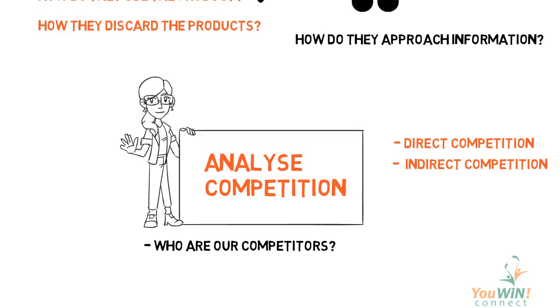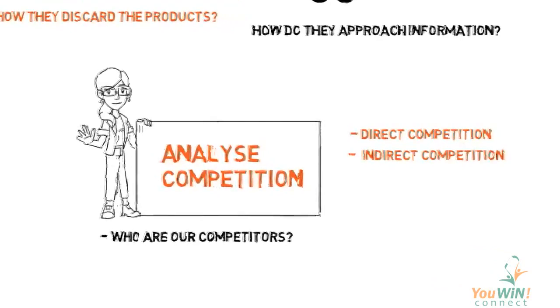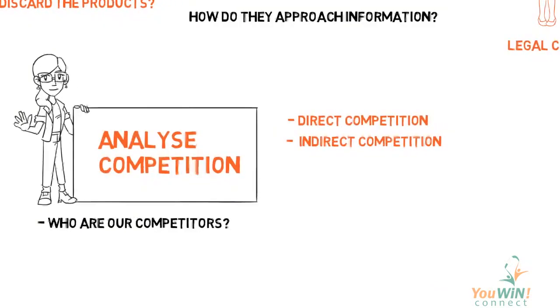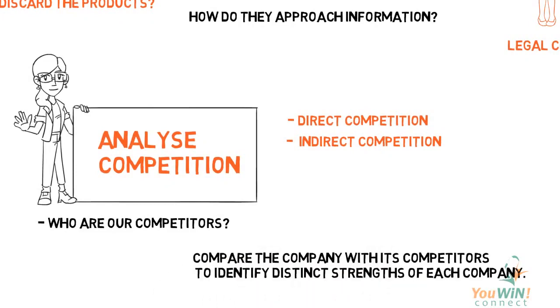There are some indirect competitors who have very strong influences, and as such we need to be mindful of this and take that into consideration. In order for us to show distinct strengths, we need to compare our company with its competitors and then bring out the distinct strengths of each one of those companies.